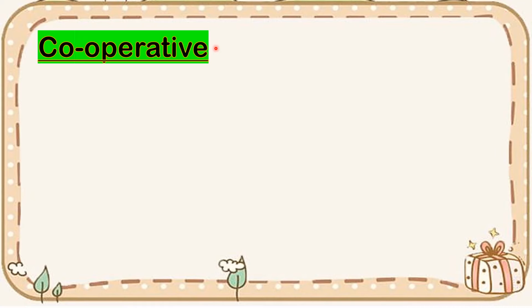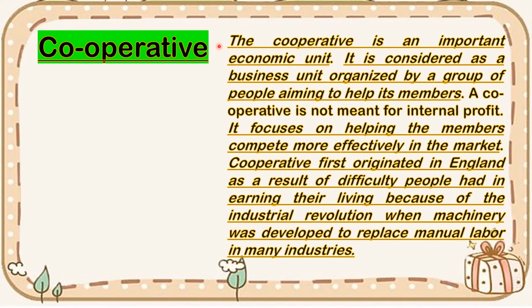Cooperative. What is a cooperative? The cooperative is an important economic unit. It is considered as a business unit organized by a group of people aiming to help its members. Now, class, the cooperative was built because it aimed to help its members. Help its members on what? Let's continue reading.